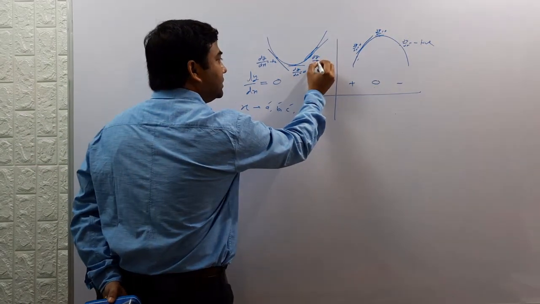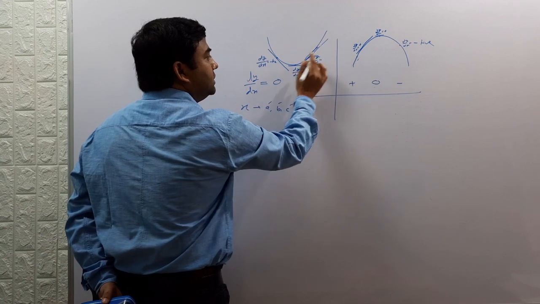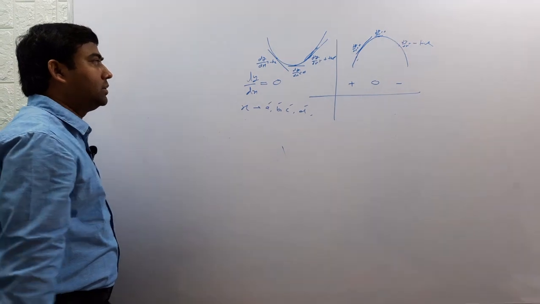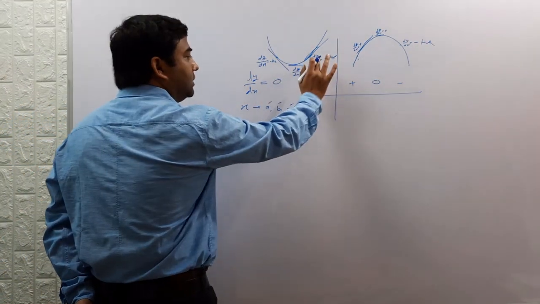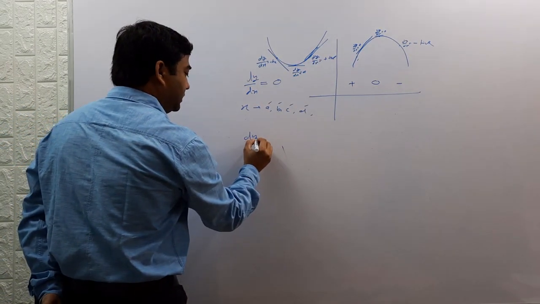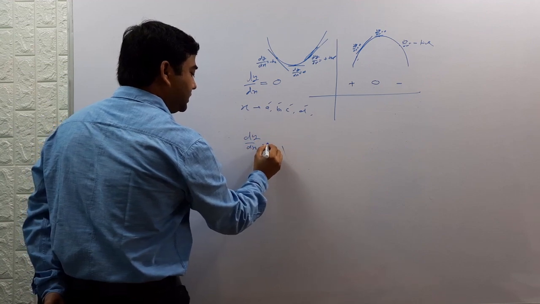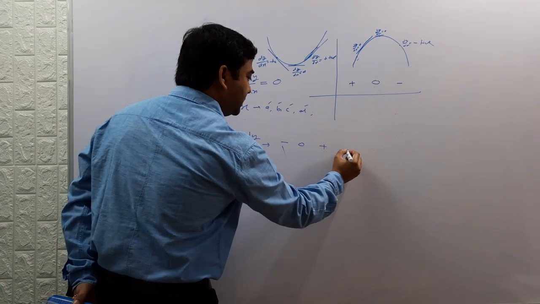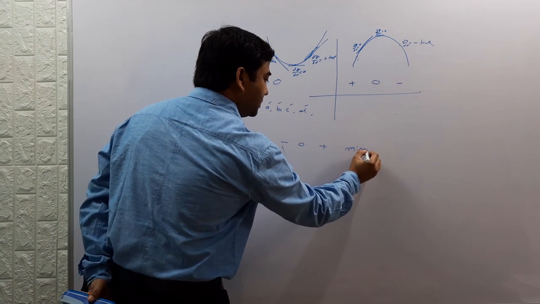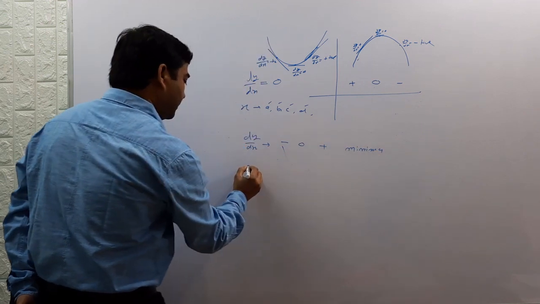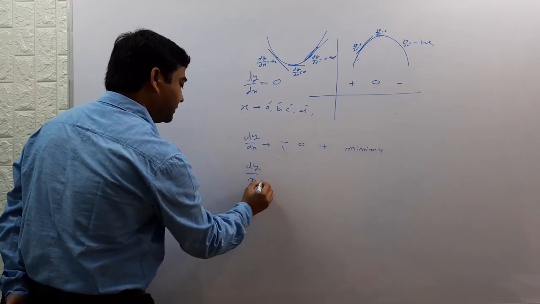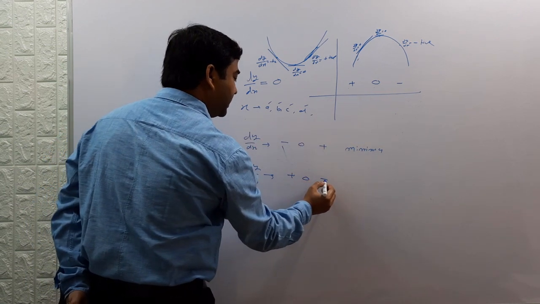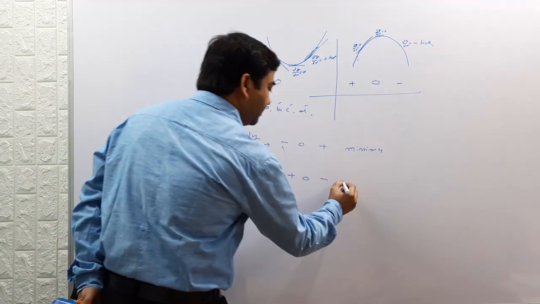So in this region dy over dx is positive. So in case of minima, the sign of dy over dx changes from negative, 0, positive. When the sign of dy over dx changes from positive, 0, negative, then it is maxima.